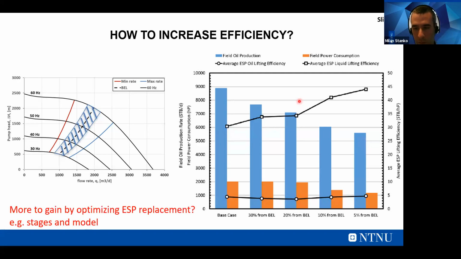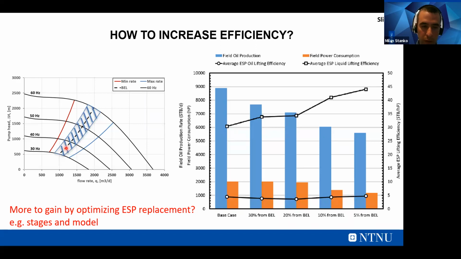Which also gives a hint, if someone listening wants to work a bit more on this problem: we should look not only into operating close to the best efficiency line or changing the frequencies, but maybe also into changing the pump model every certain time. Like if you have to replace the pump every 2 years, you might look into a different model that allows you to have higher power efficiency.